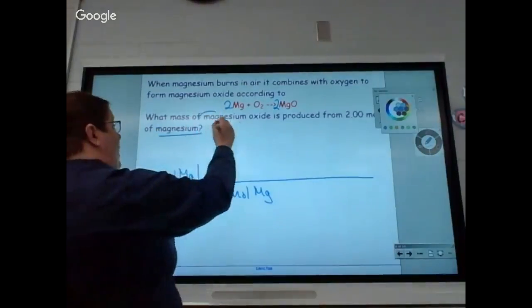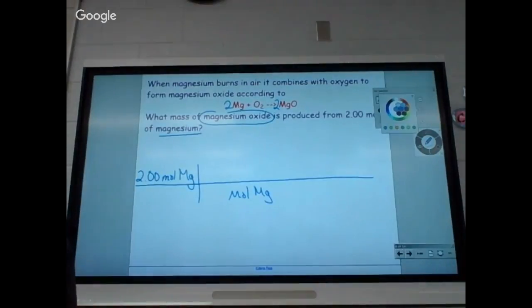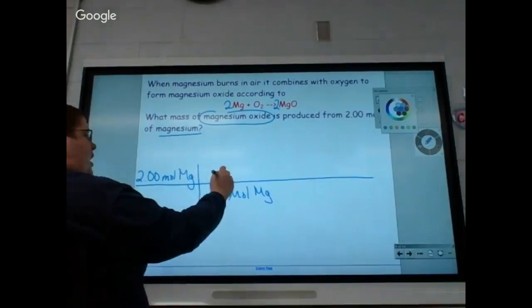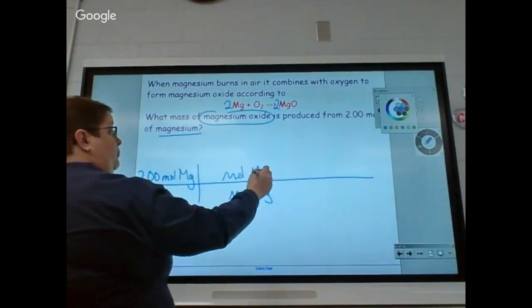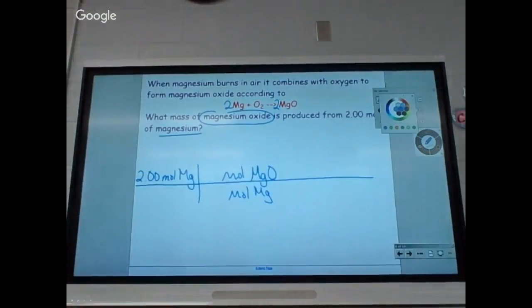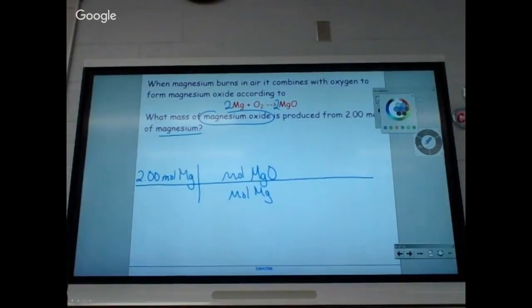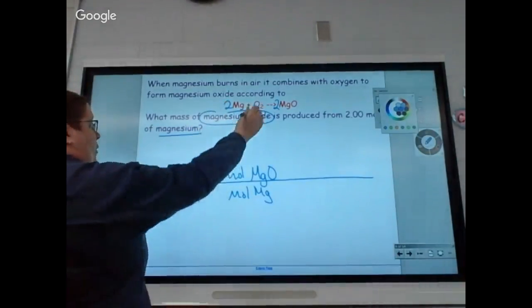So if they're asking for magnesium oxide, are we changing our compound? Yes. So do we need moles or grams on the top line? Moles. So what goes beside the moles? MgO. That's the mole ratio. So where are the numbers going to come from tonight? The coefficients. So I'm going to get a 2 and a what?